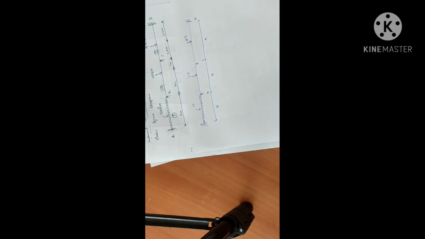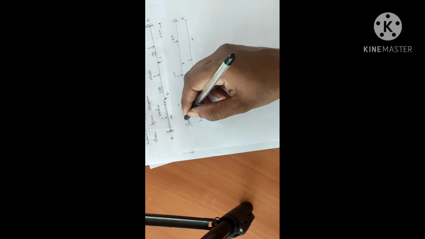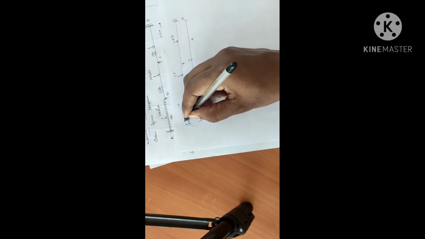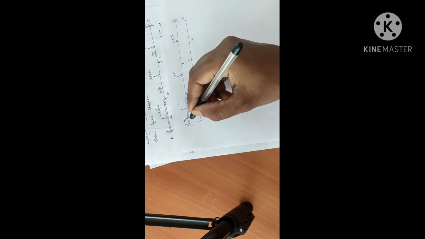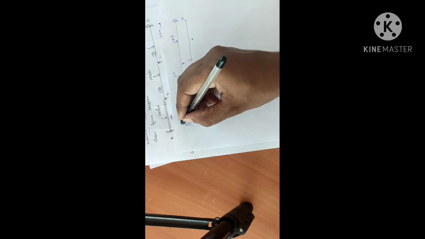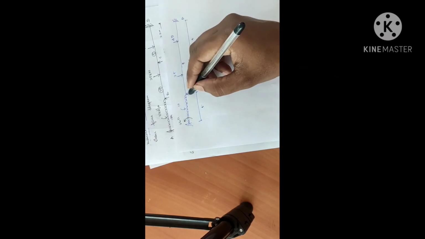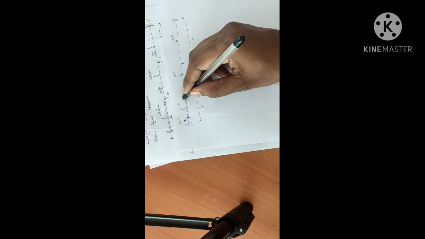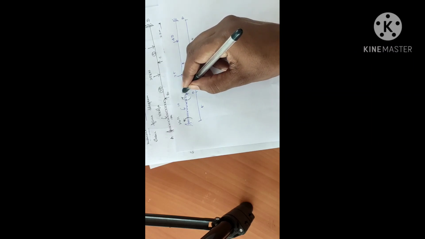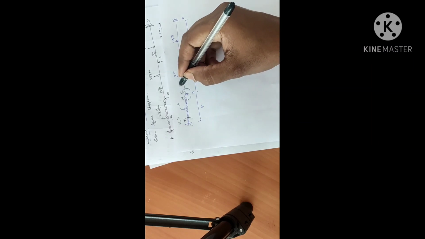Now what is the final moment at joint B? What final moment have you calculated? It is minus, that's why I have put anti-clockwise, 24.11. For the BA member it is plus 14.29, and for the BC member minus 14.2.